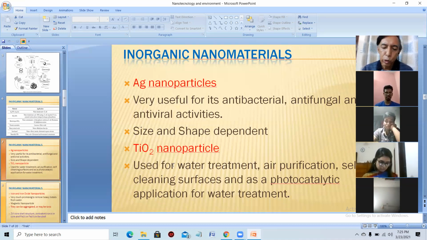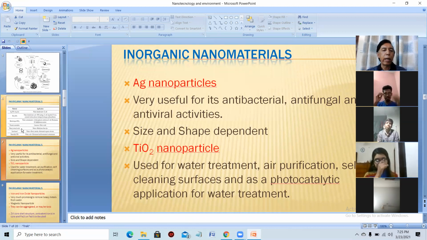You can use titanium oxide nanoparticle as nanofiber, or as nanorod, whatever it may be. You can use different shapes of titanium oxide nanoparticle for different purposes. So if you want to purify air with titanium oxide nanoparticle, you can use a nanofiber.